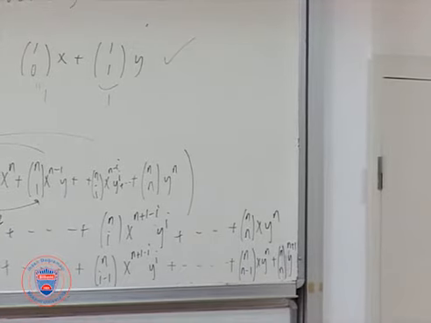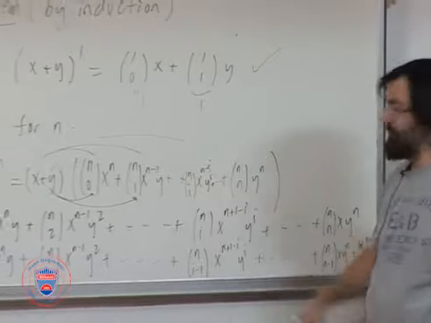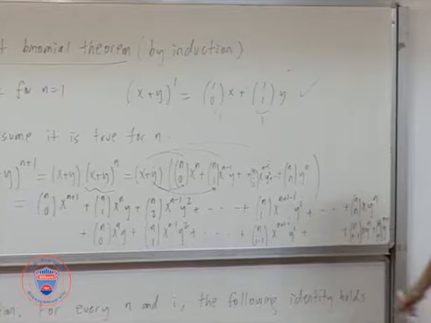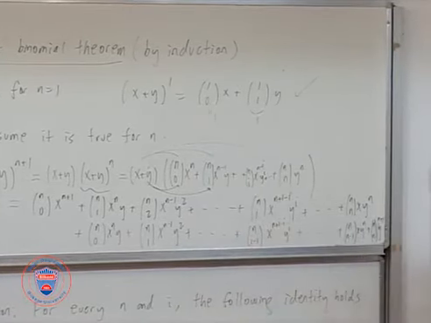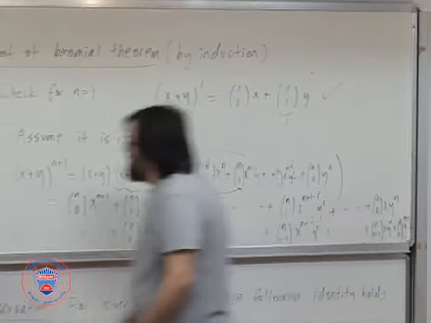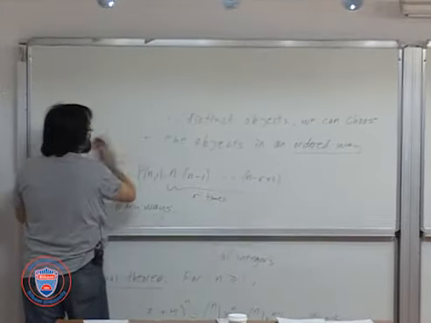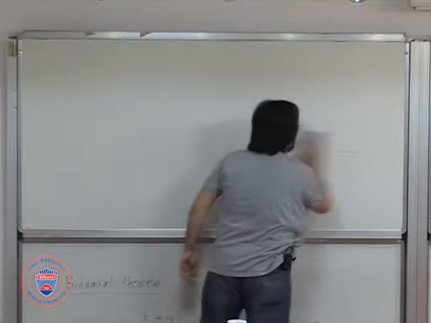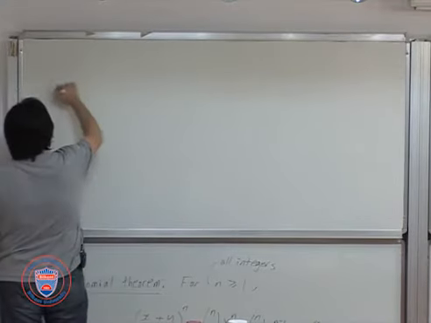So shifted, but we have exactly the same terms. This thing, and this thing, and this thing, and this thing. That's a good thing, because now I can sum the coefficients. So if I sum the coefficients, I get this. So we get this.